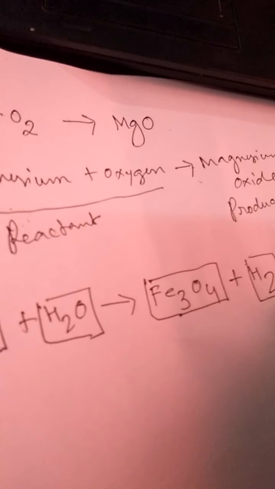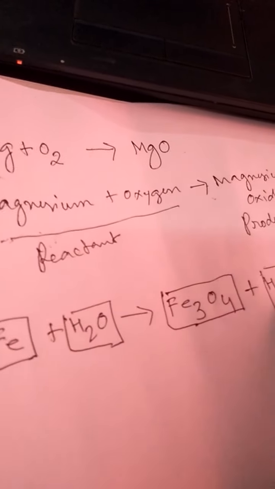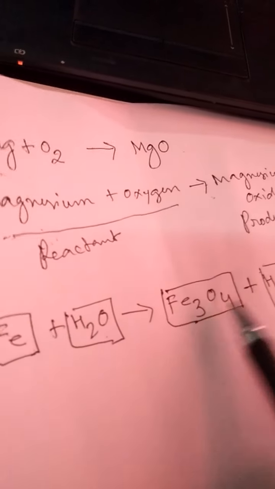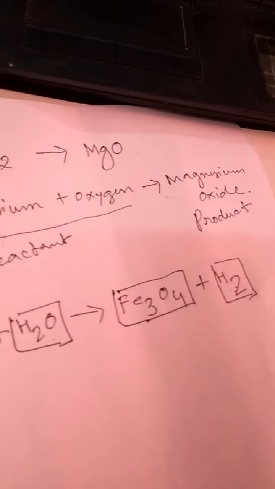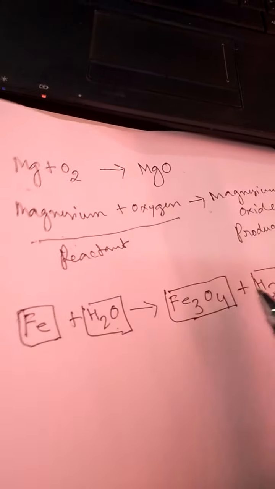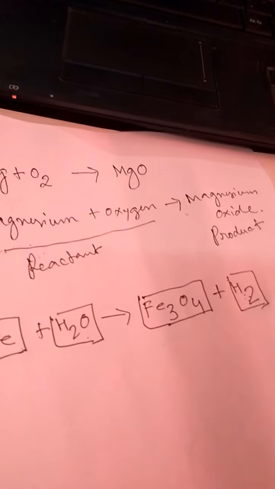Whenever we are balancing, we cannot make changes inside this box, because if we alter it, a new substance is going to form. So we have to just balance this equation. We cannot change the substance. Therefore we are making boxes around it, so that there will be no confusion.